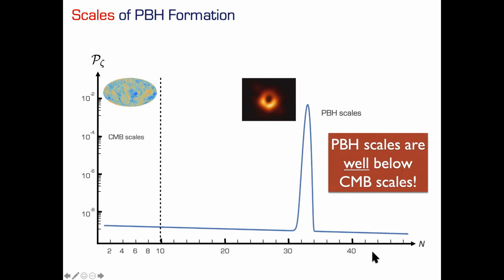Because you could think, if I need these large fluctuations, a massive density contrast of a third or a half, which is probably closer to numerical simulations which have been done recently, and the CMB fluctuation where you have 10 to the minus 5, or this scale here is a few times 10 to the minus 9, you could say, well, you may be in conflict. But you would be in conflict if the scales were overlapping, but you're at such earlier scales that you could have such a feature.